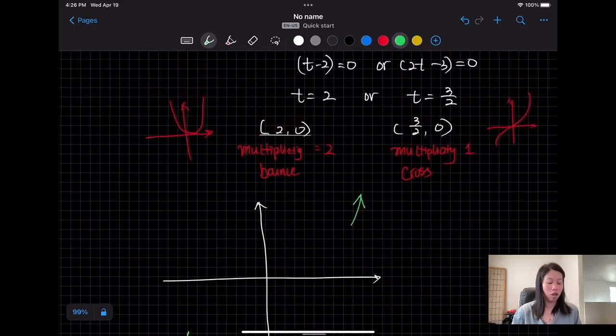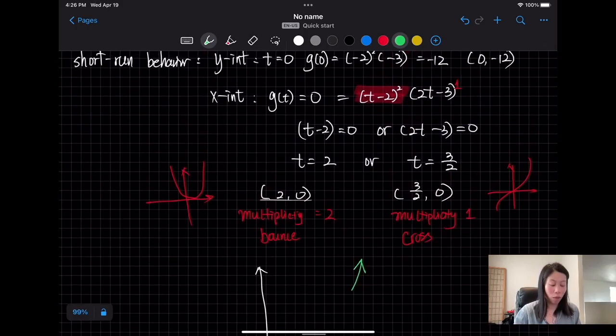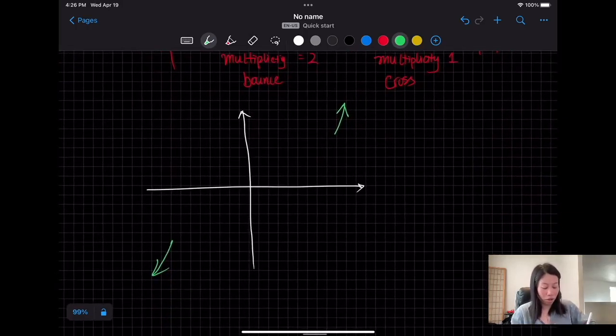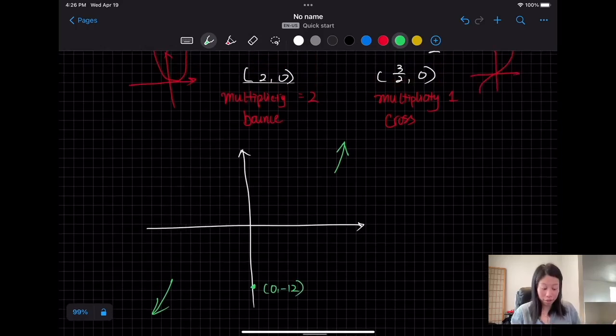It has a y-intercept at (0, negative 12) and two x-intercepts: one at (3/2, 0), the other at (2, 0). At (3/2, 0) it is going to be a cross, and at (2, 0) it is going to be a bounce.